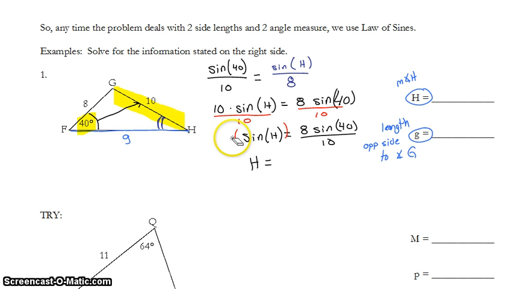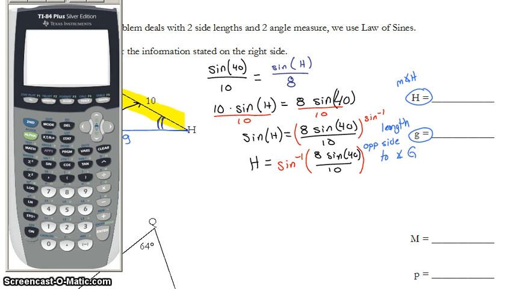But I then have to take the sine inverse of this side as well. So this side becomes sine inverse of all of this in parentheses: 8 times the sine of 40 degrees all over 10. That's exactly what I'm going to put in my calculator.